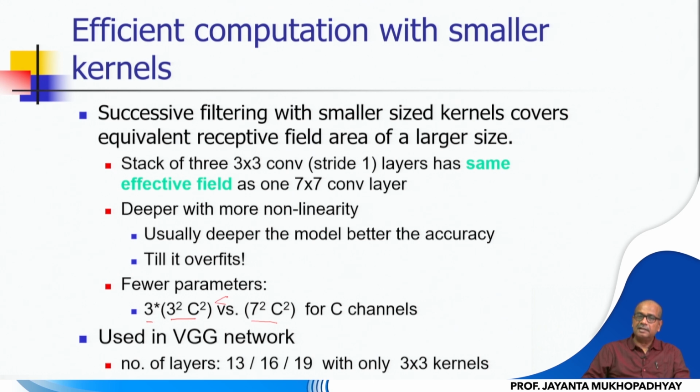So there are 13 layers, 16 layers, 19 layers, each with 3x3 kernels. There would also be pooling layers, which we are not specifying here. You can get the details in the corresponding text discussing the VGG network.